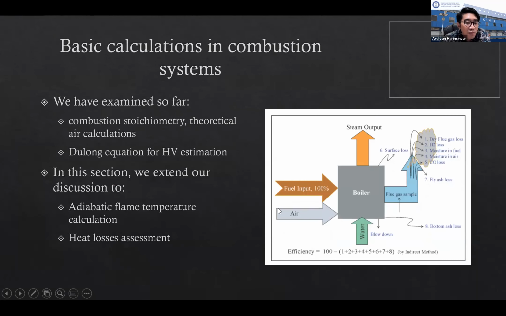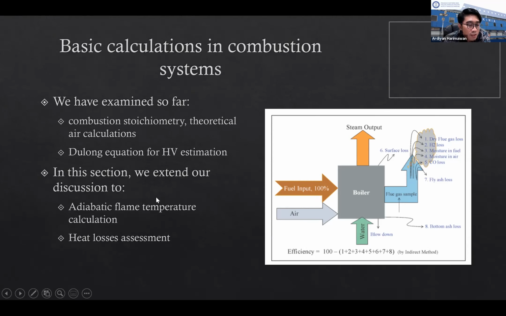Okay, from our discussion from Pak Miki about fuel, we have learned so far about the combustion stoichiometry, and then you learned to calculate the theoretical air, how much air is theoretically required for the combustion, and then estimation of the calorific value or heat value.